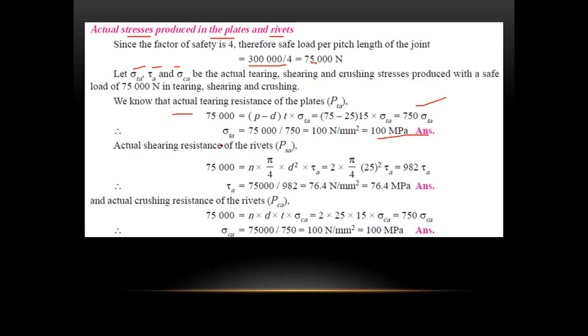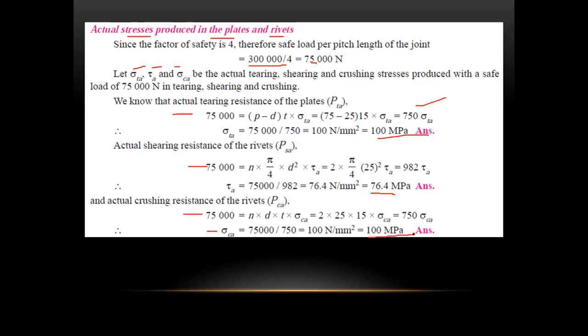Actual shearing resistance of the rivet: 75,000 is equal to n into pi by 4 d square into tau a. So tau a is equal to 75,000 divided by 982, that is 76.4. The actual crushing resistance of the rivets Pca: after applying this, sigma ca is equal to 100 MPa.